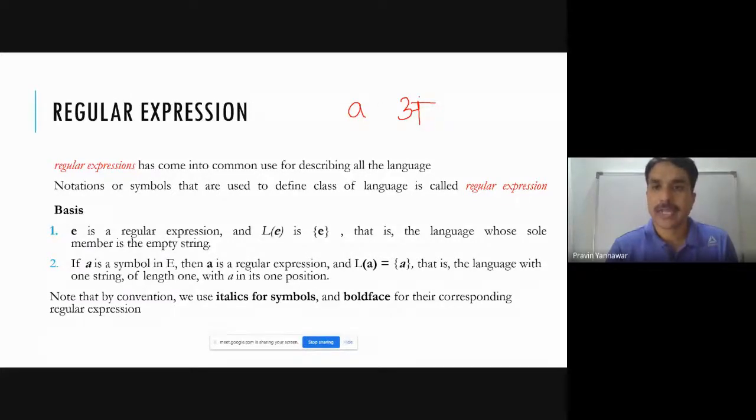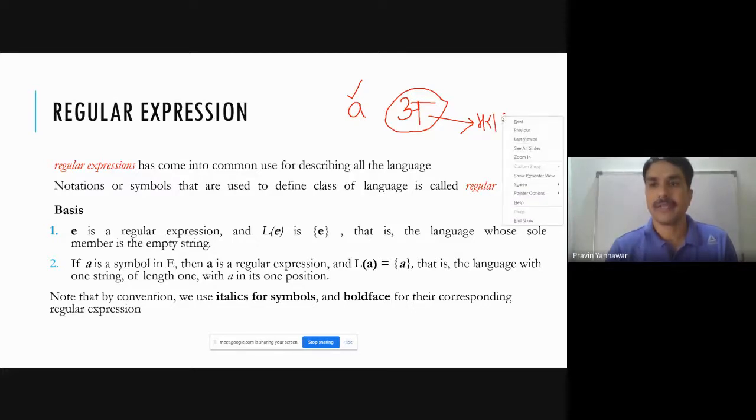You cannot say that this symbol is from the English language; rather, this must be from Marathi. So you have to understand that every language has this sort of representation.